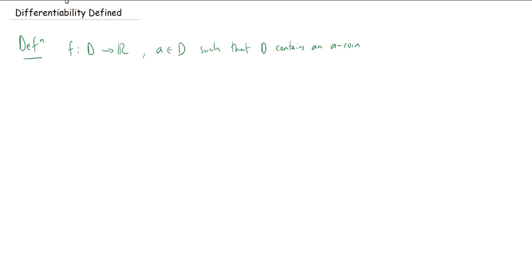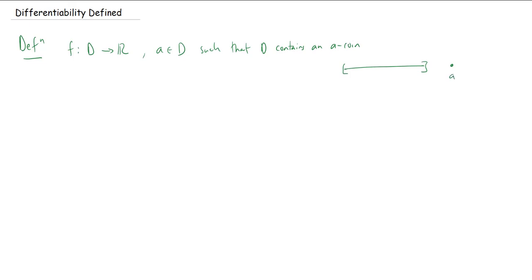It talks about what's happening to the function in some, the technical word often used is neighborhood, although we're calling this an A coin. So in some coin around A, we want to know what's happening locally to the function, how it is changing near the point A. So it's not good enough just to have A be some point in D. So for example, if my D consisted of some interval and then some isolated point A, this is no good.